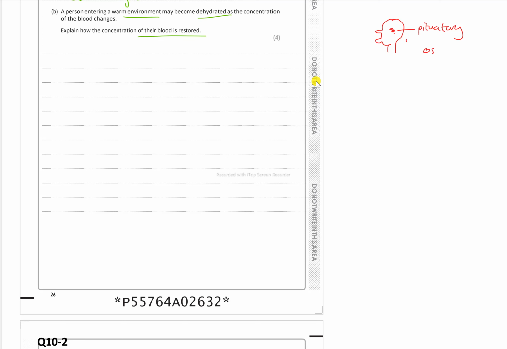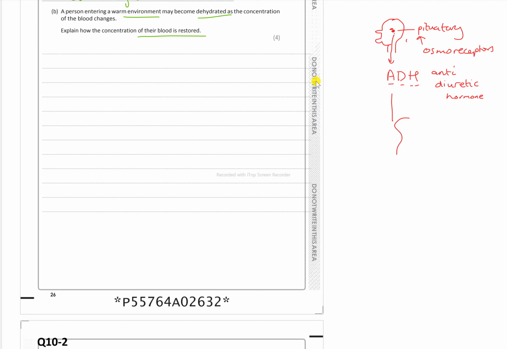They're called osmoreceptors. They detect that your blood concentration's gone up, so they send a signal to the pituitary gland. The pituitary gland releases something called ADH. What does ADH stand for? Antidiuretic hormone.